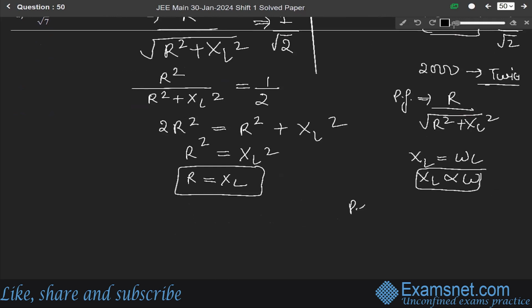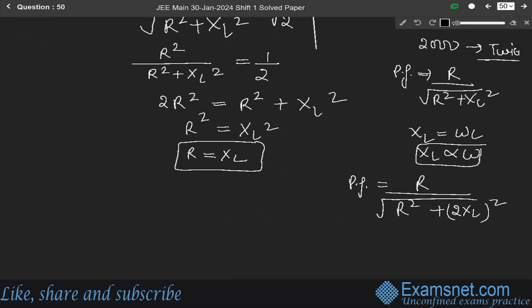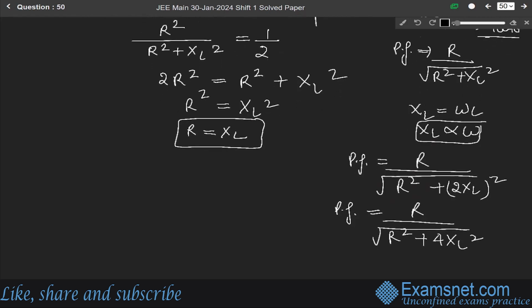So if omega is becoming twice, XL will also become twice, and the new power factor will be R over the square root of R square plus 4XL square.